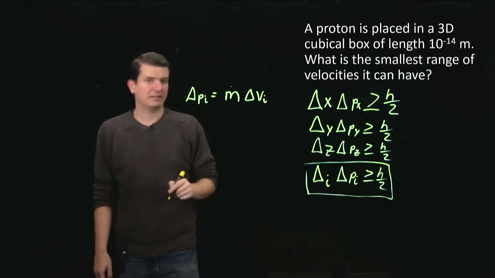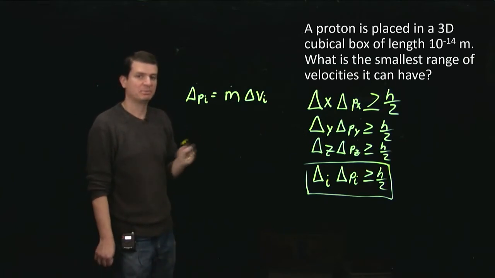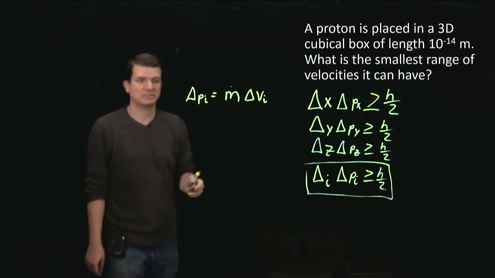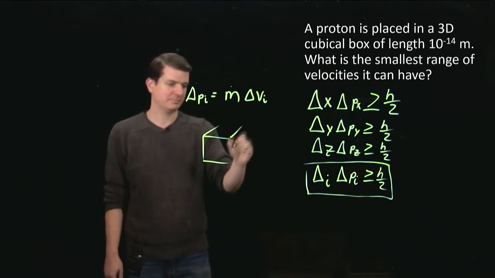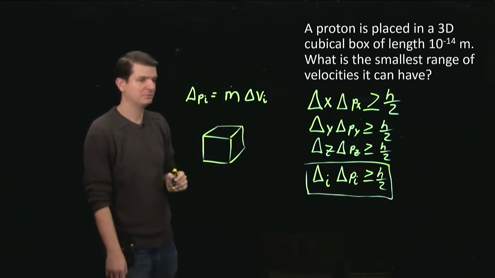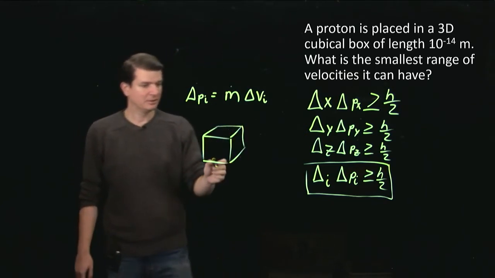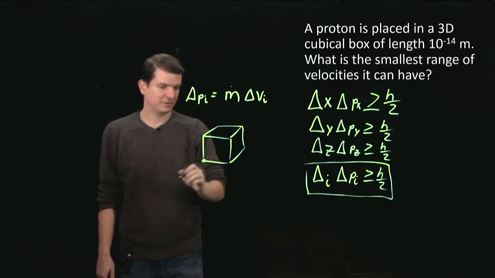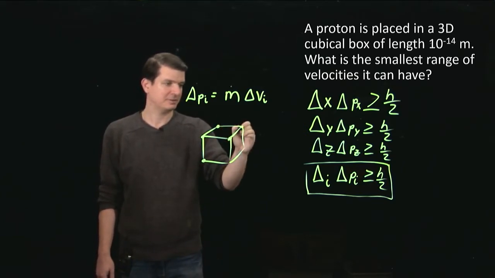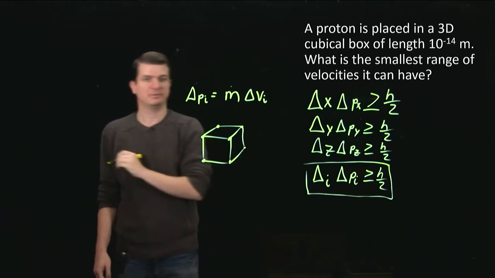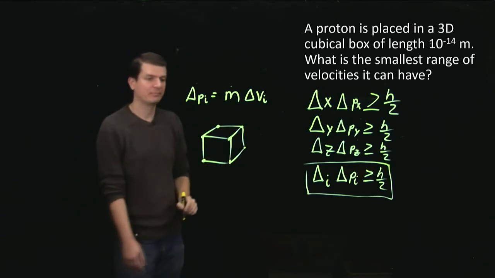What about delta i? For this problem, it's actually really simple. I'm talking about a cube, so all the sides are the same, and I'm trying to put this particle in that cube. I don't know if it's sitting down here, or up here, or back there, or in this corner, this corner, or anywhere in between.